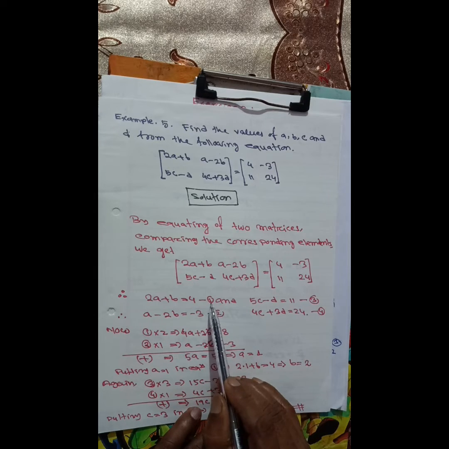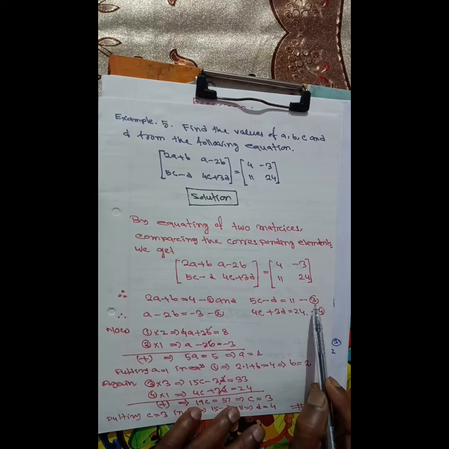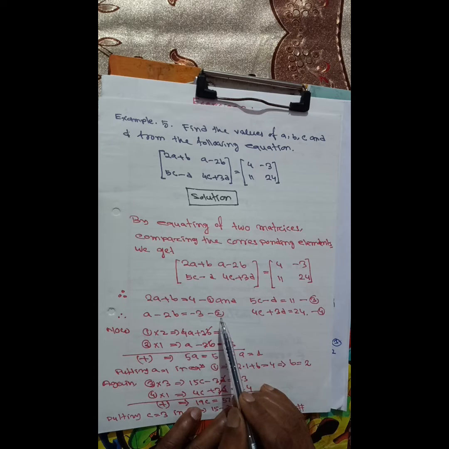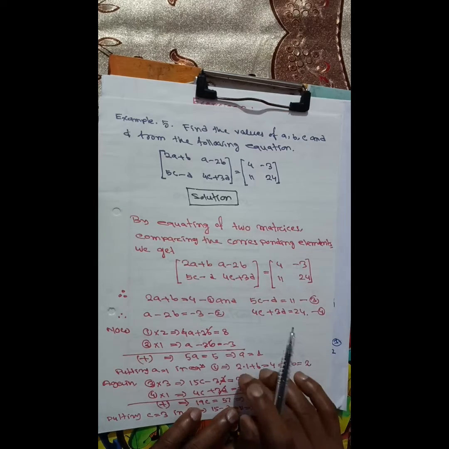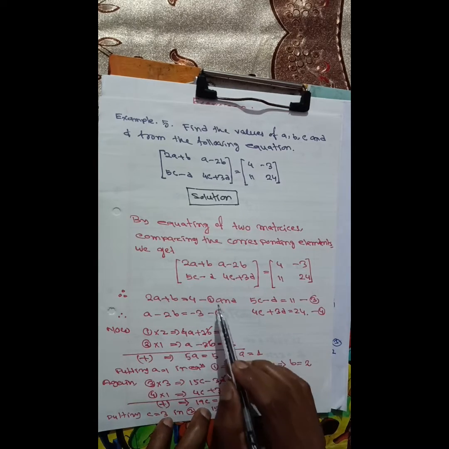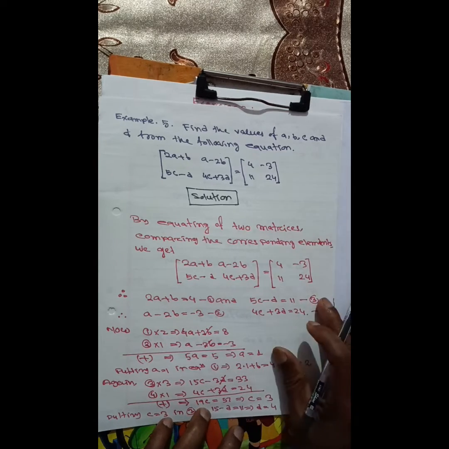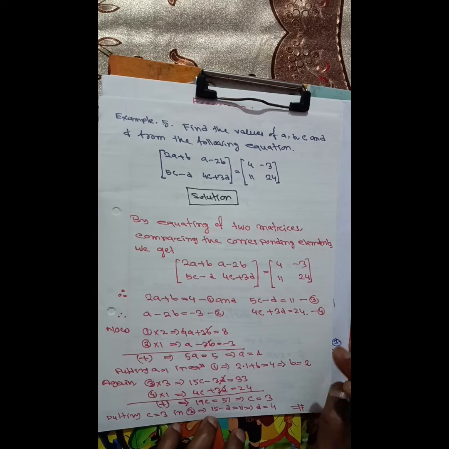Consider these as equation 1, equation 2, equation 3 and equation 4. Now we have to solve the 4 equations, then we find the values of a, b, c and d.